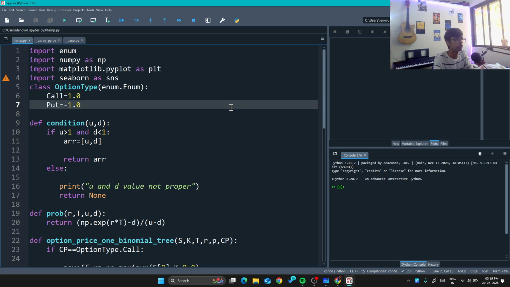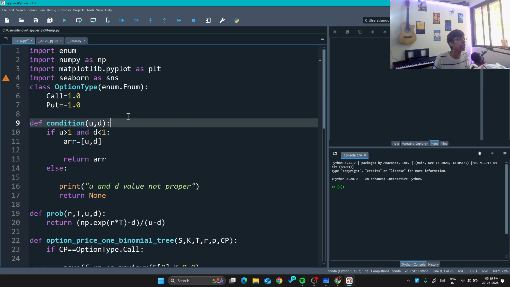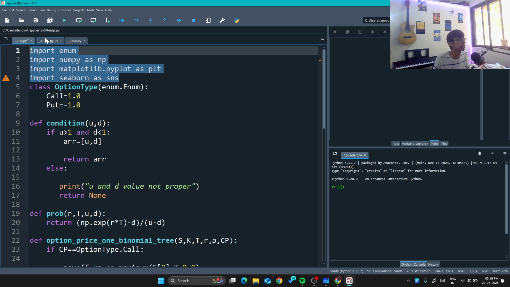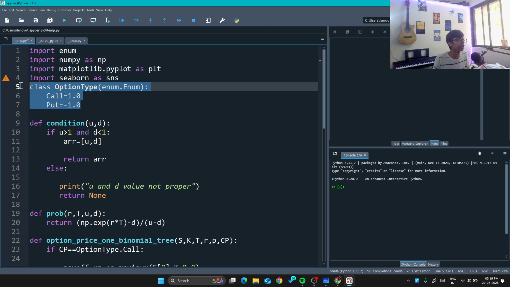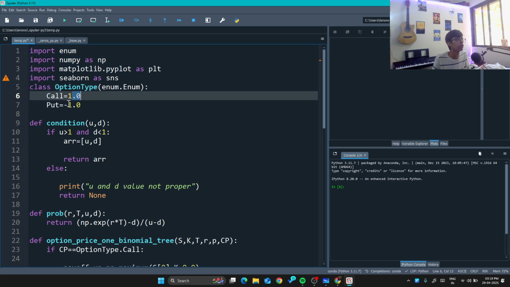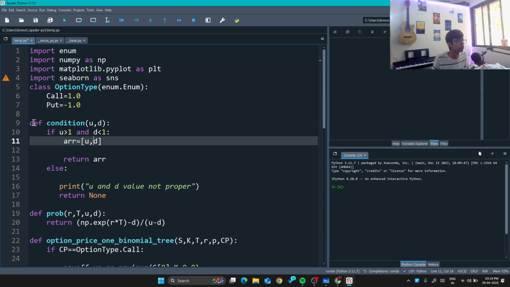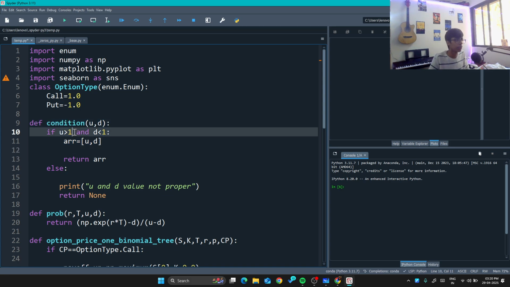For the option payoff, I imported all the libraries needed. Then the call option payoff value is 1.1 and the put is, so we have to check the condition because it is not negative, and there is a condition that u should be greater than 1, and d should be less than 1.0, right?